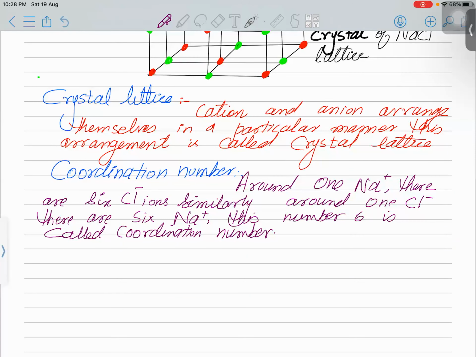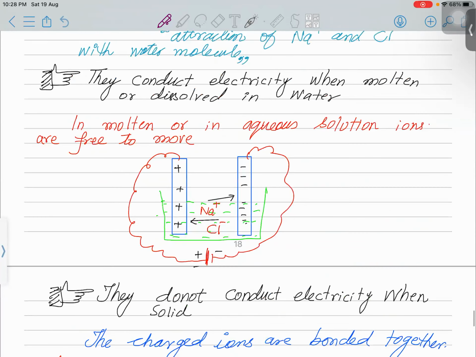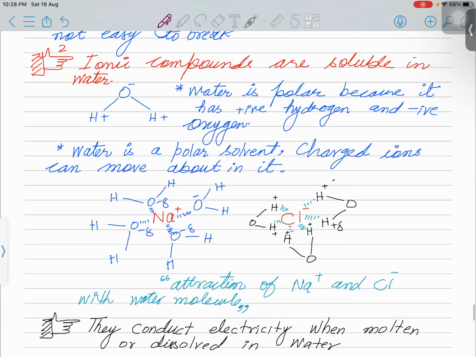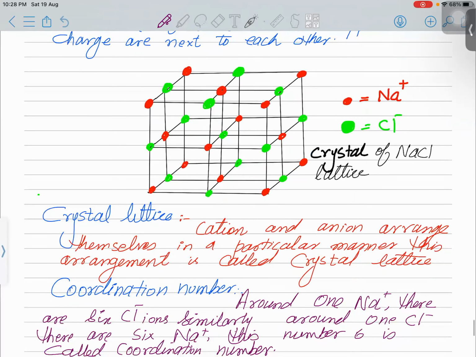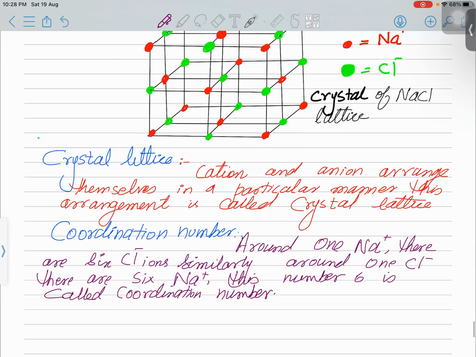Do you have any question regarding this? Sir, do we have to write the crystal lattice and the coordination number? Yes, you have to write it.